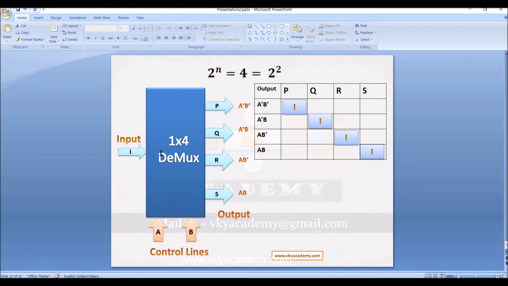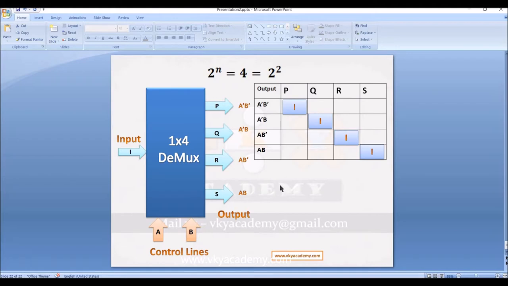The input I will go to Q output when the selection line is 0 1 or A complement B. The input will go to the R output when the selection line is 1 0. The input I will go to the S output when the selection line is AB or 1 1. So this is 1 cross 4 demultiplexer.